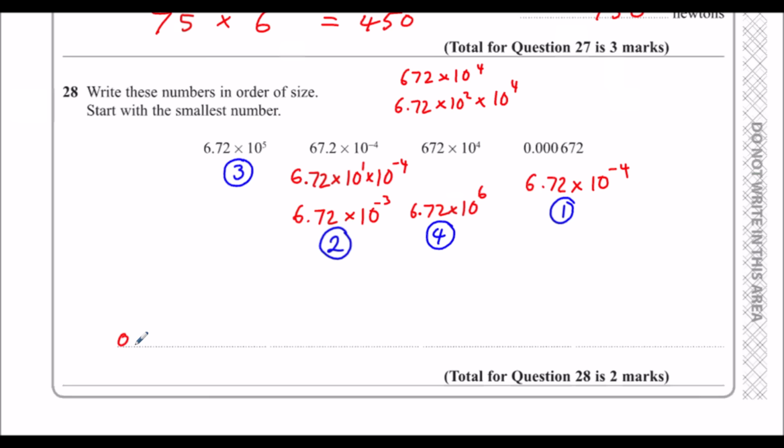So we've got 0.000672, then 67.2 times 10 to the power of -4, then 6.72 times 10 to the power of 5, and then 672 times 10 to the power of 4.